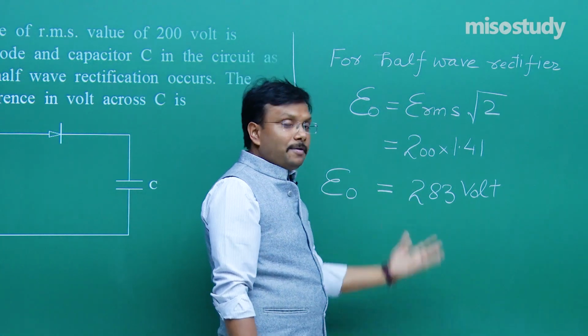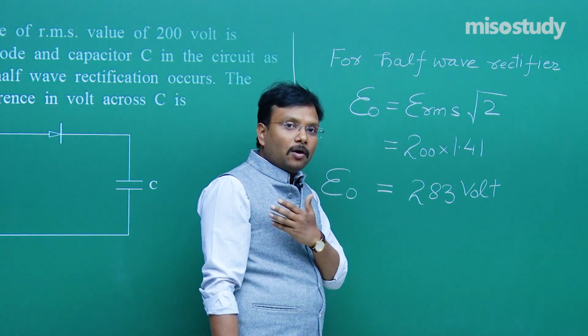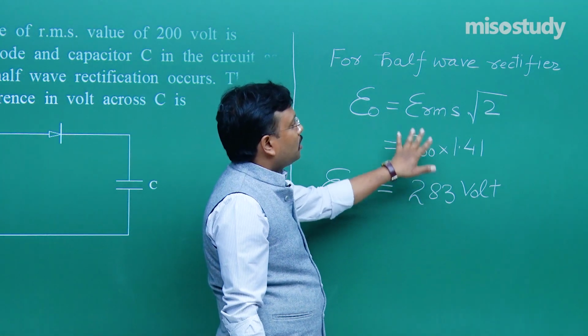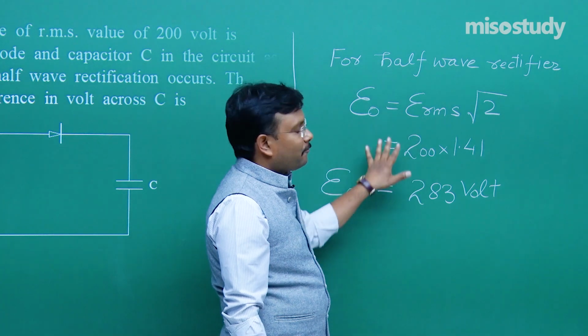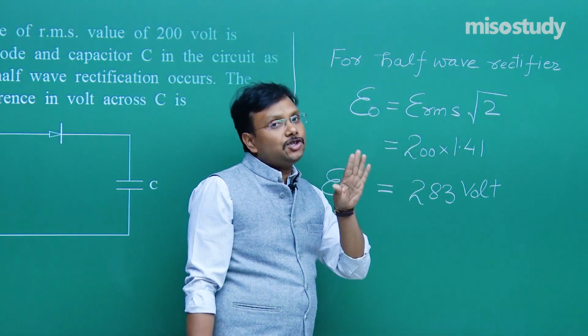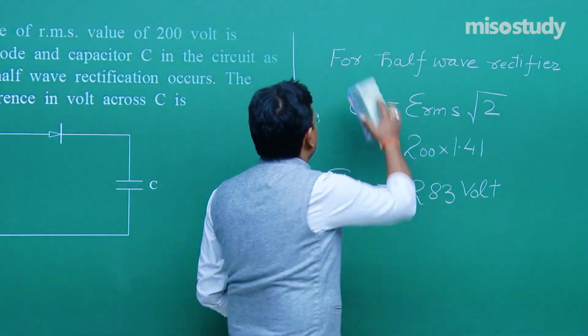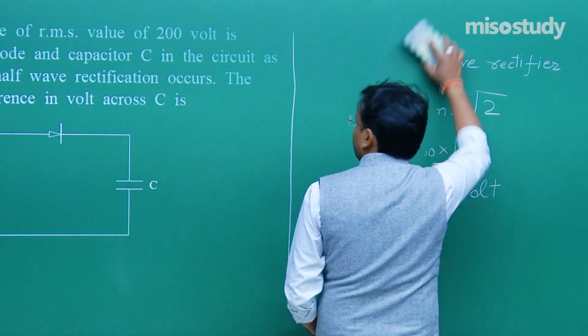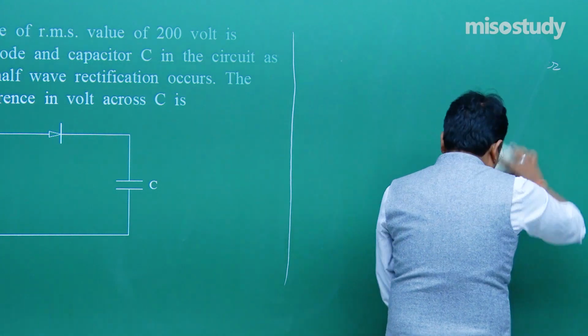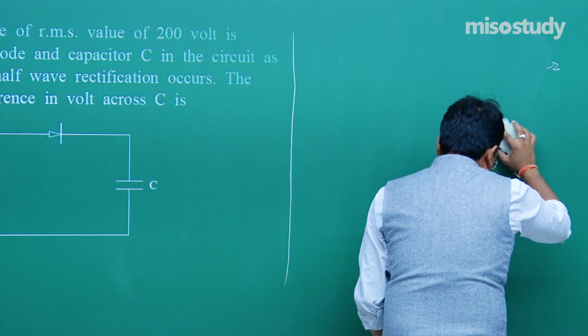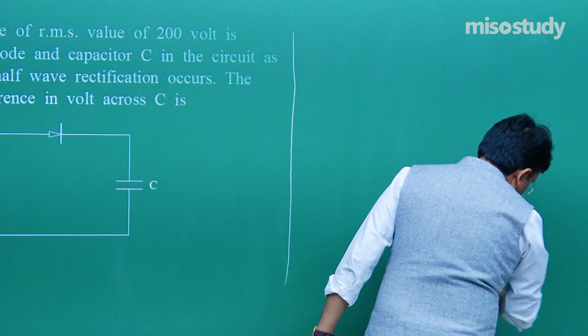For a full wave rectifier, things will change accordingly, but by using this formula we can find out the peak voltage value. So this question 4 is also a very simple question and nothing is difficult over here.